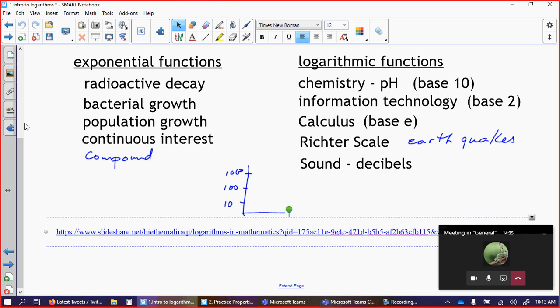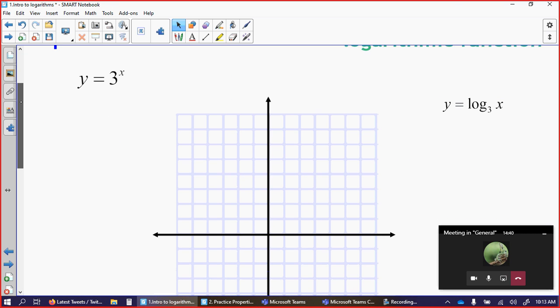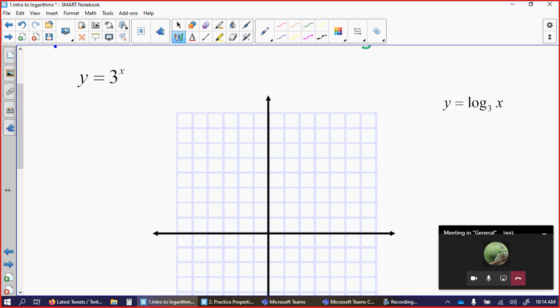So to quickly look at the graph, we've done y equals 3 to the x. We can do our handy dandy -1, 0, 1. Well, that's a third, that's 1, and that's 3. So -1 and 1/3, 0 and 1, 1 and 3, 2 and 9. So that is y equals 3 to the x.